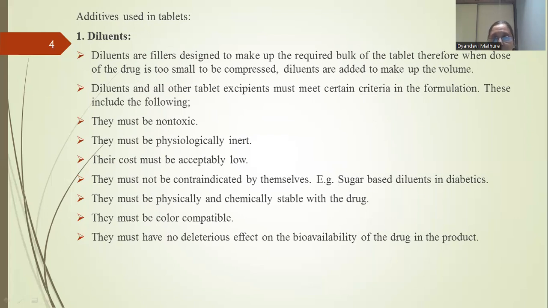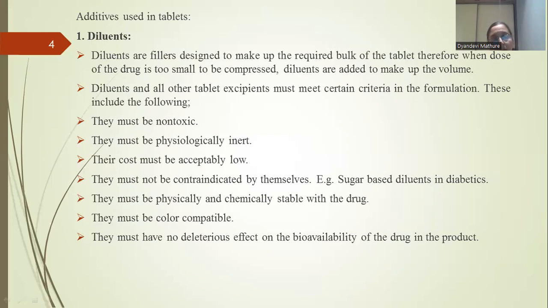Say for example, if the dose of the drug is very less, again if we take the example of cetirizine, the dose of the drug is only 10 mg, so it is very difficult to compress that 10 mg of powder into the tablet, isn't it? So we need some filler, some ingredient to increase the bulk, to make up the volume of that powder.